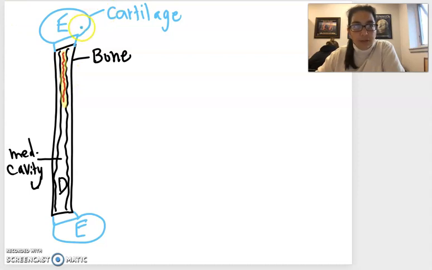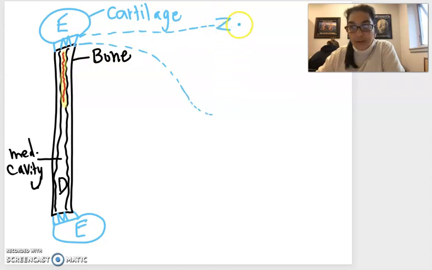Let's go back to the epiphysis and the metaphysis. So here it is. The metaphysis is at this transition zone between the heads of the long bone and the shaft, also called the diaphysis of the long bone. So the metaphysis is actually made of several layers.